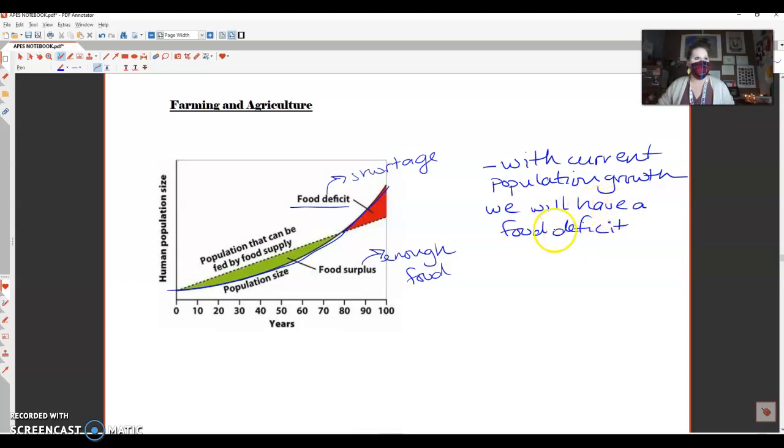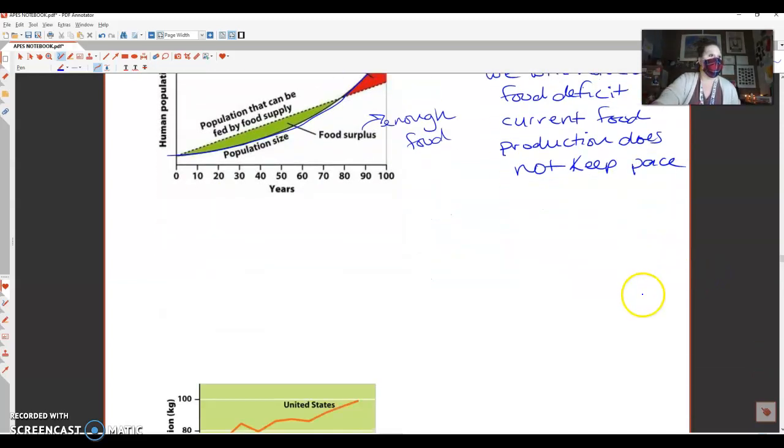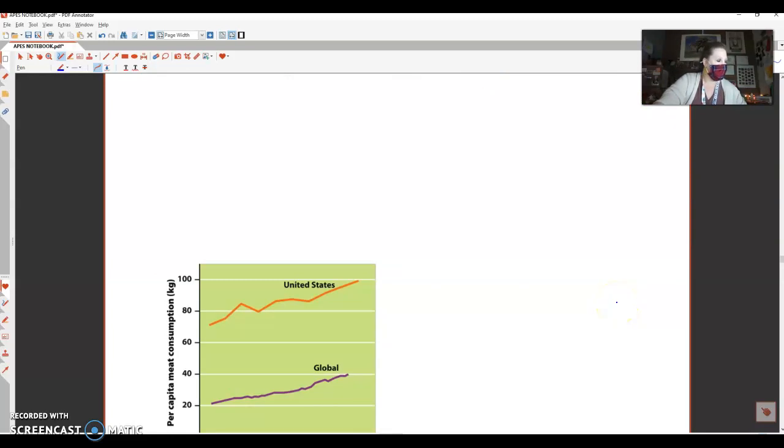So we'll have a food deficit if current food production does not keep pace. So that's kind of what this unit is about. What are those new methods that farmers are using to keep up with the pace of the need of humans? Okay. So let's look at this graph down here.